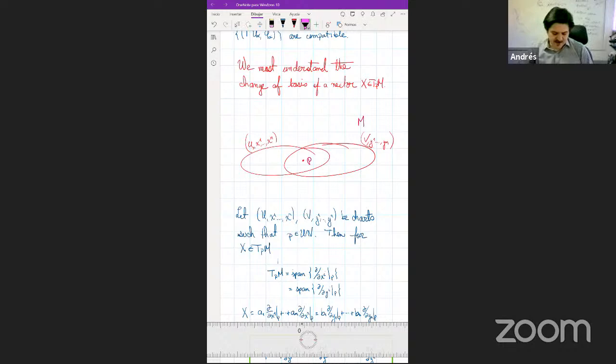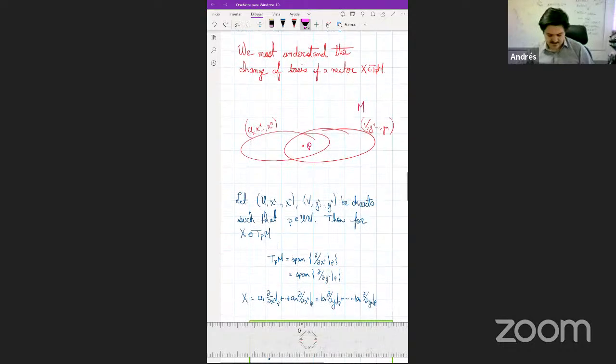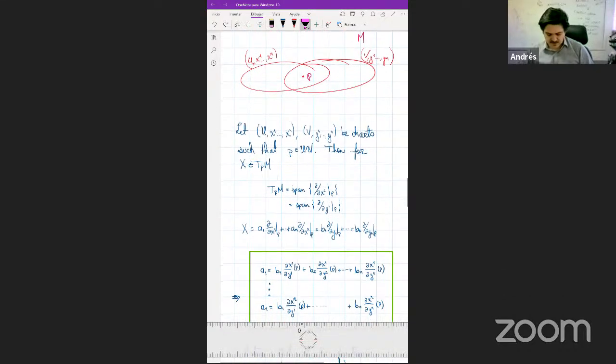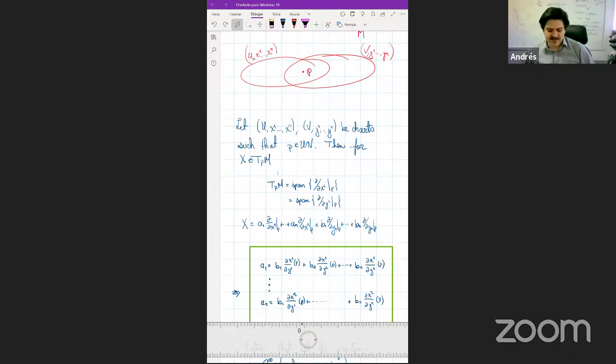So I'm writing a vector in terms of one basis and in terms of the other one. And then I have to compute the change of basis matrix. So I claim that the a's can be recovered like this.